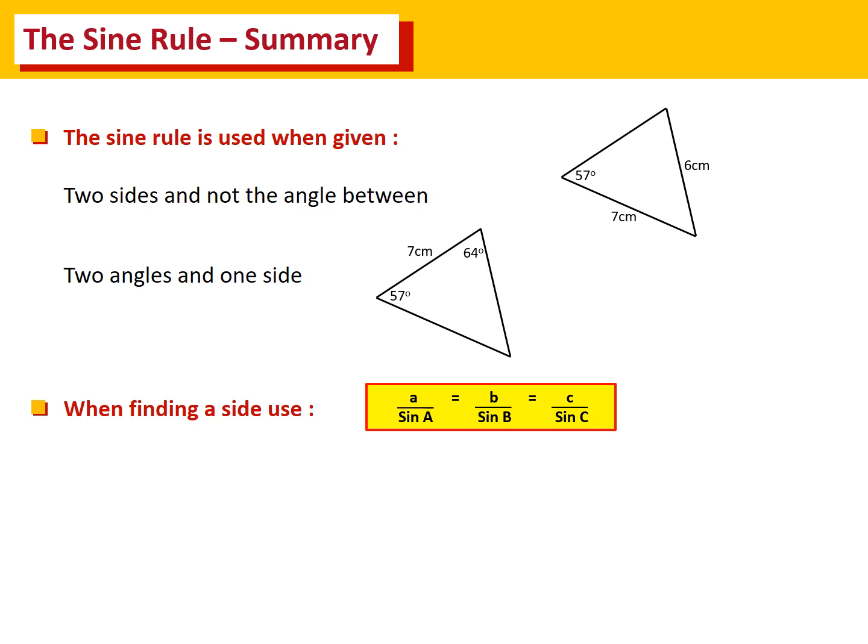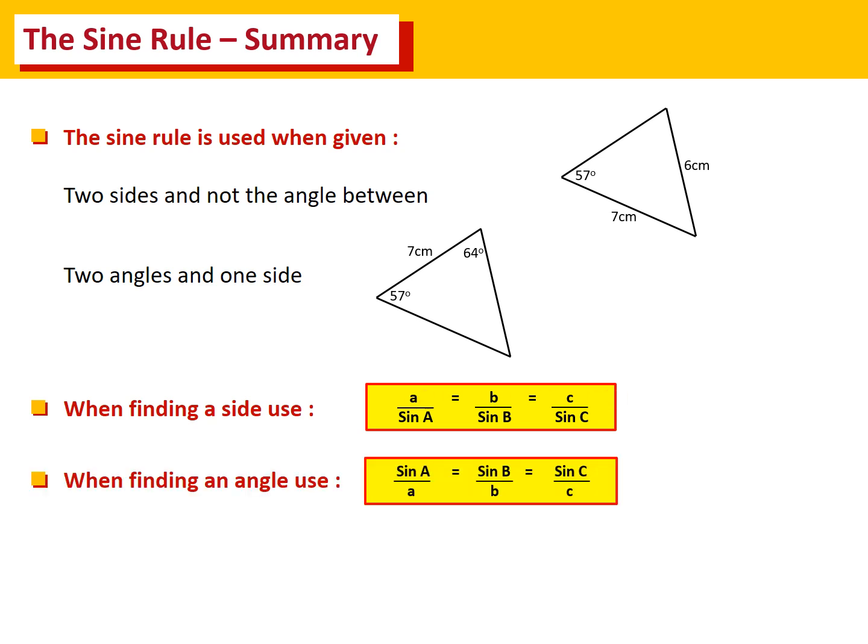If we're trying to find a length, then we would use that version of the sine rule where the lengths a, b and c are all in the numerator of the fraction. If we're trying to find the angle, then with the capital letters there, they're the angles, we'd use this version where sine is in the numerator of the fraction.